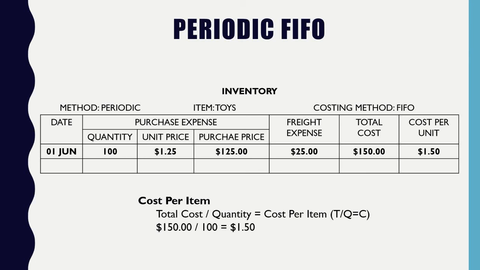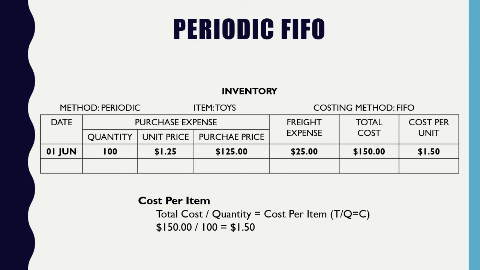So now that we included every single cost, when we're selling our products, we need to make sure that when we cost it, we're going to be subtracting $1.50 instead of $1.25. Because we're including all of our costs to get our item to the door.